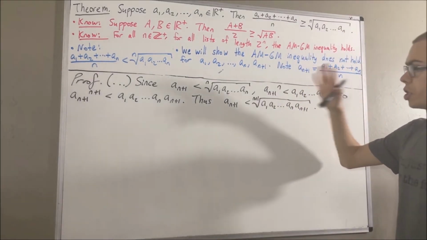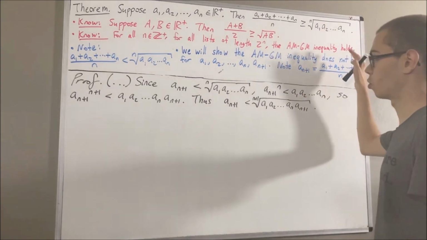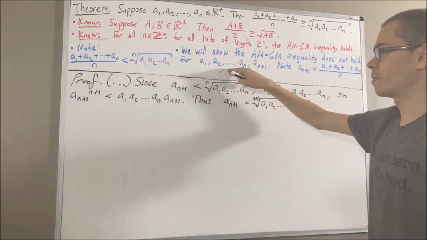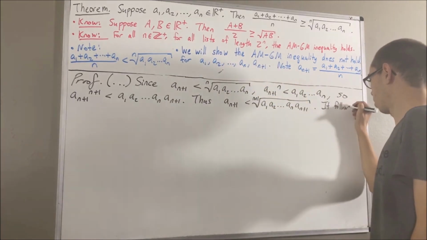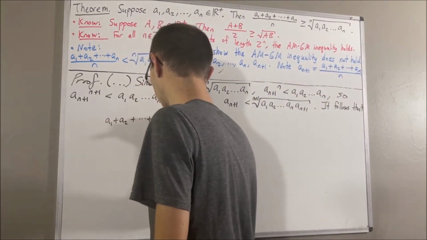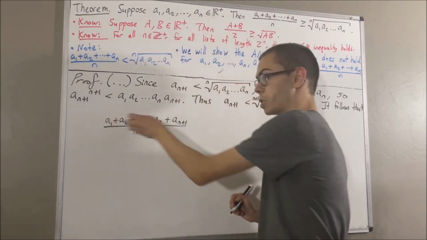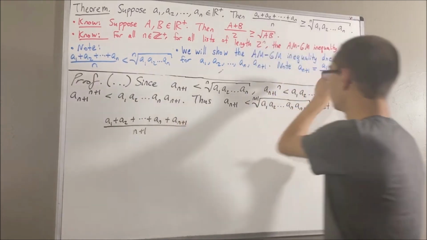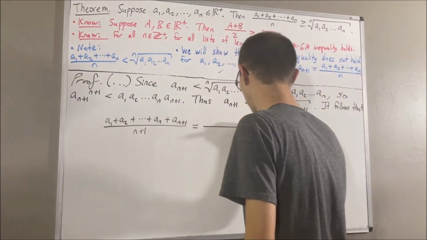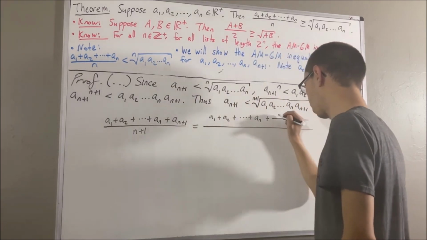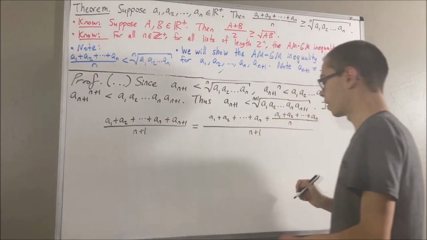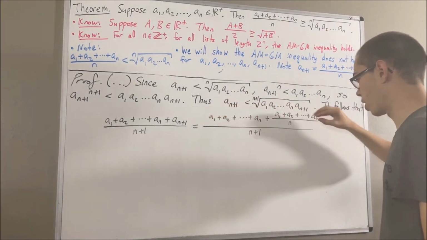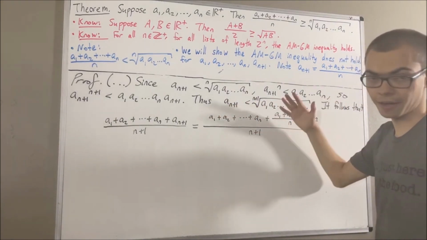So now, let's show that the AMGM inequality does not hold for this list. I'm going to first write out the arithmetic mean of this list, which is this. And I'm going to replace an plus 1 with what it's equal to. And then, to get rid of the fraction we have here, we're going to multiply both the overall numerator and overall denominator by n.